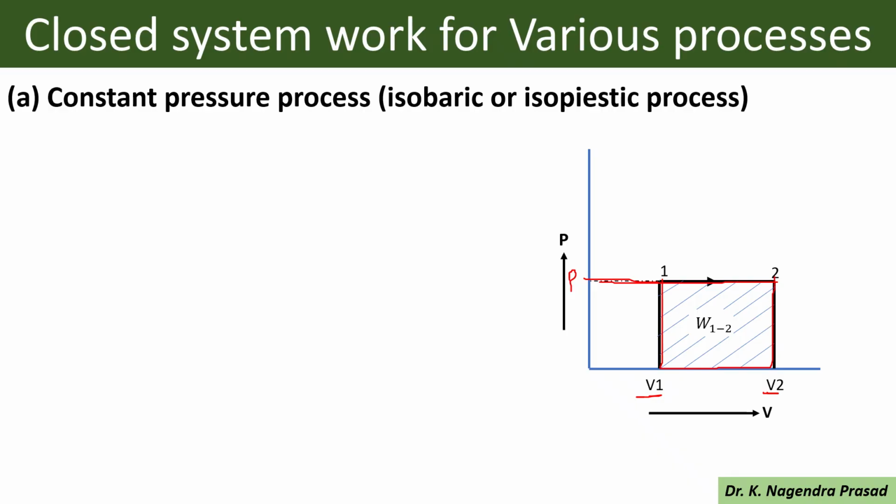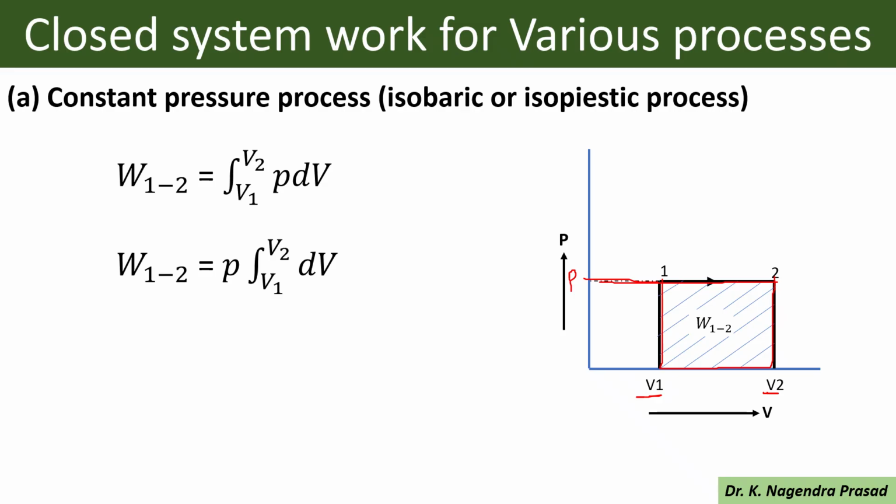Next we have to see the amount of work done in the constant pressure process. We know that the work done from state 1 to 2 is W1 to 2 equal to the integration of PdV from V1 to V2. Here P is constant, so it is taken out of the integration, then W1 to 2 equals P times the integration of dV from V1 to V2.